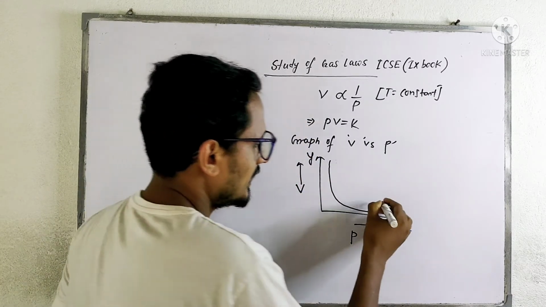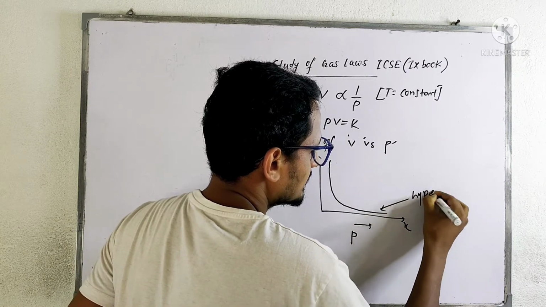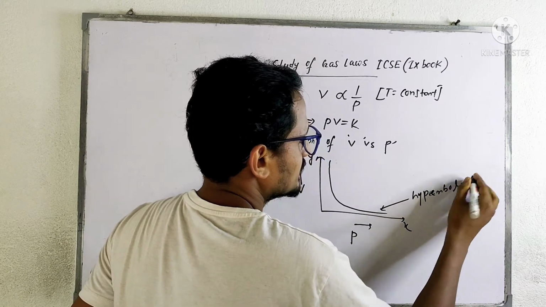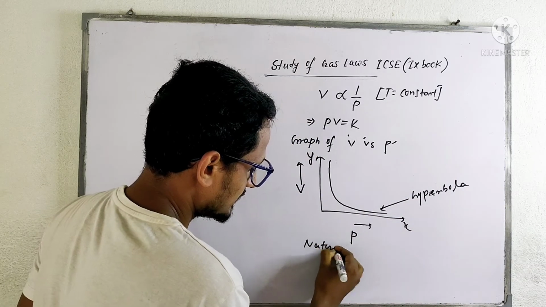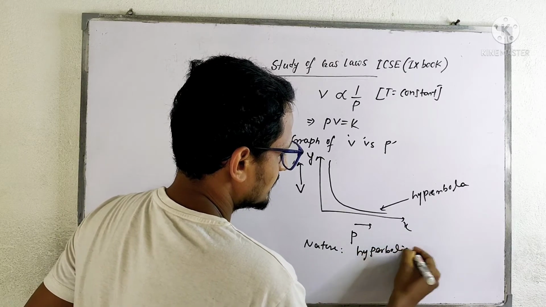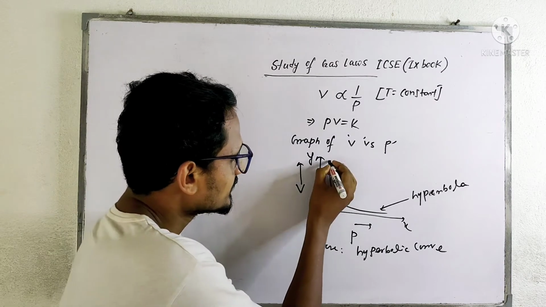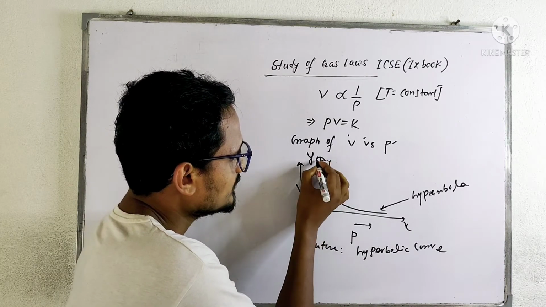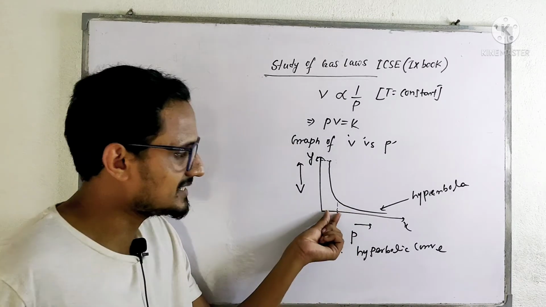which shows a hyperbola. So the curve is nothing but a hyperbolic curve in nature. Here we can easily see that in this region the volume is highest, but at this point the pressure is lowest.